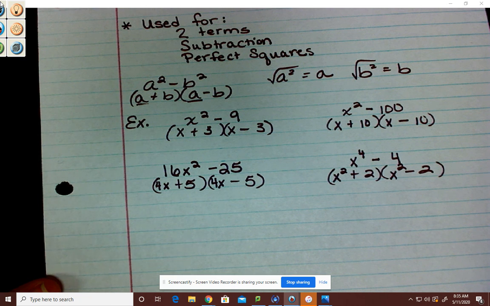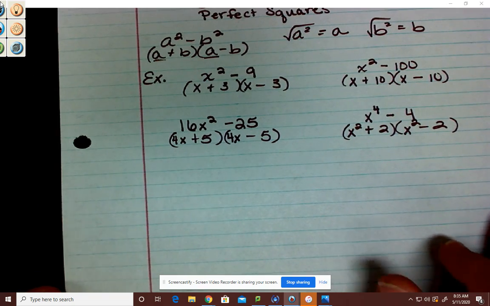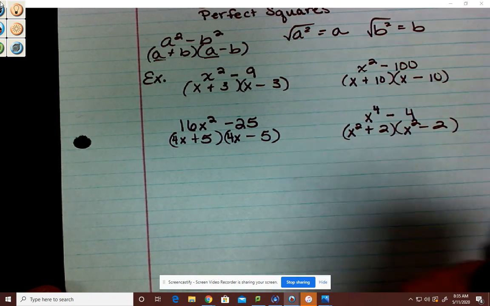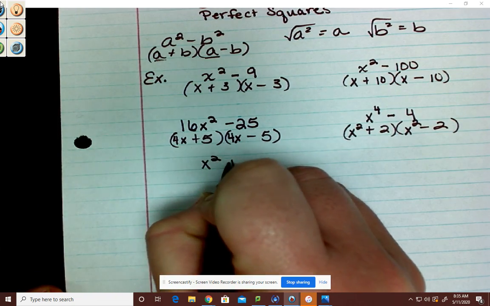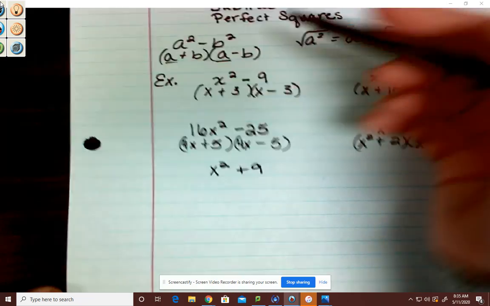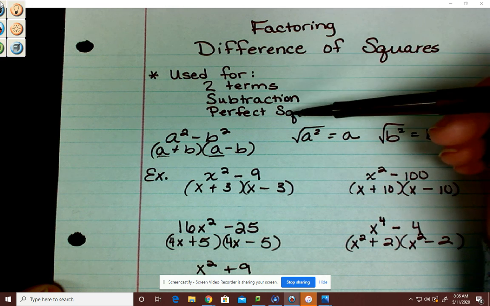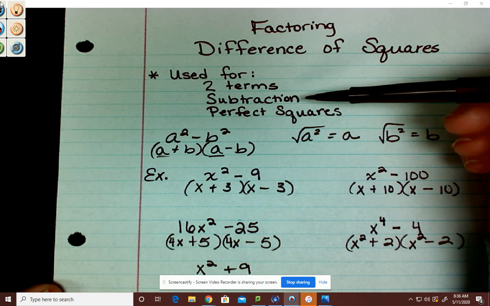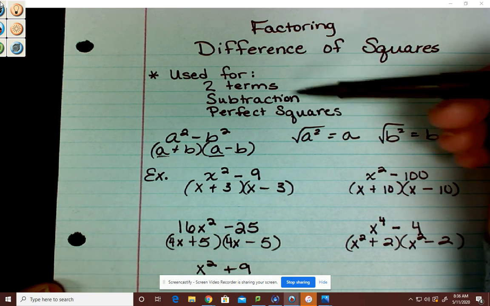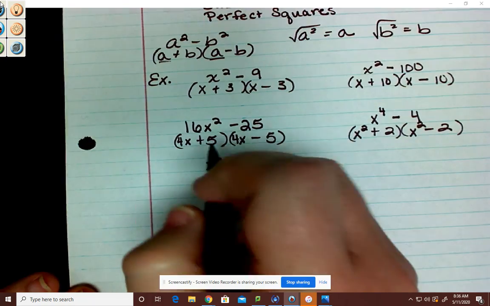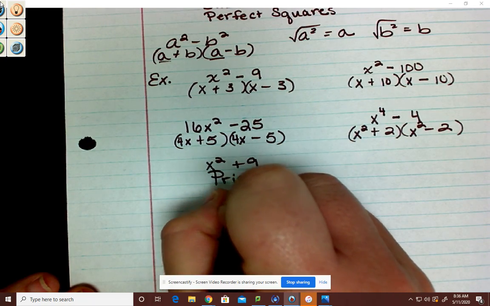Now let's talk about things that look similar to difference of squares but aren't actually difference of squares. Let's say it's addition. If I had x squared plus 9, it doesn't meet the guidelines for difference of squares because it doesn't have subtraction. If it doesn't meet these guidelines, then we put prime.